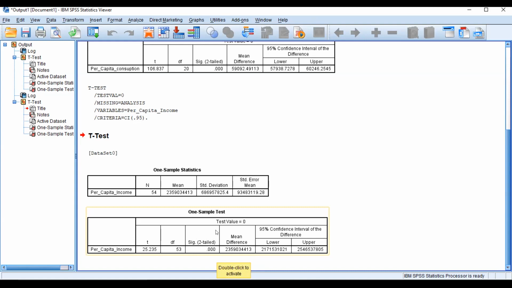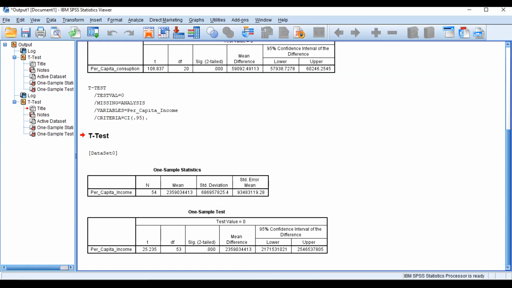So we will accept our alternative. It is a two-tailed test, so you cannot say whether it is less than or more than. But with the help of these lower and upper bounds and mean difference, you can say the average value is more than 15 crore. I think it is clear.